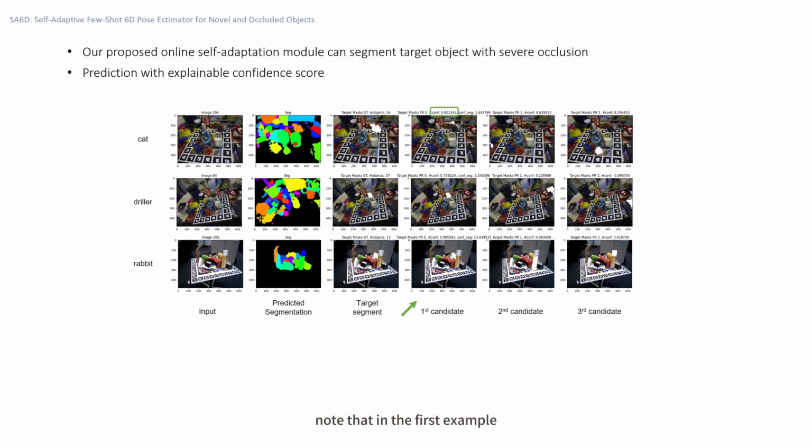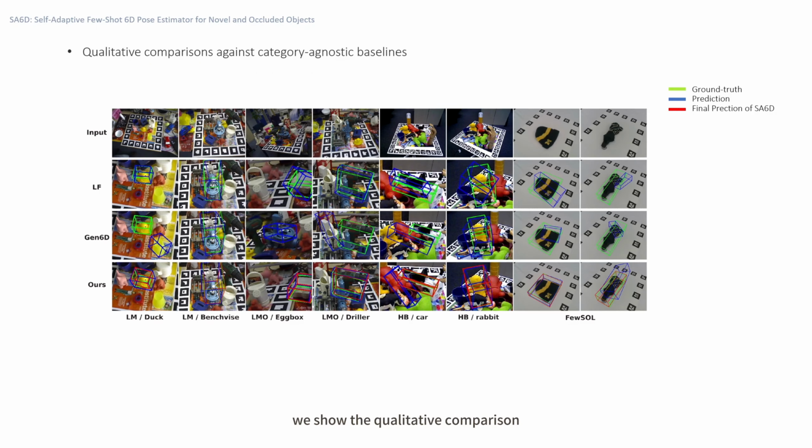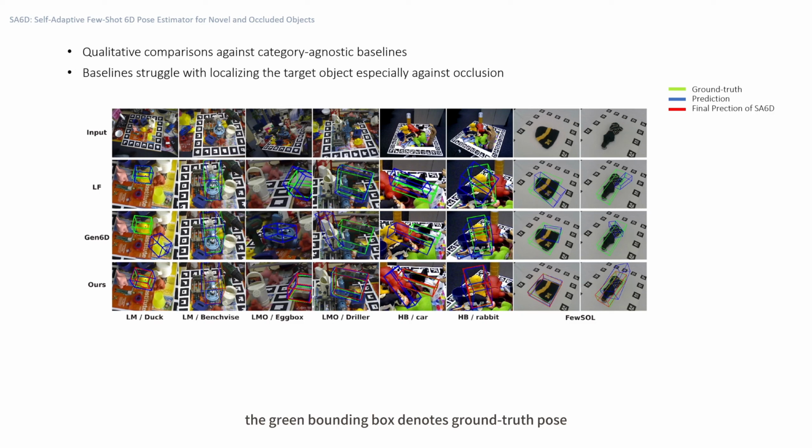Note that in the first example, since the object center of the cat is occluded by the driller, the ground truth segmentation is selected on the wrong object, while the prediction can still find and identify the right segment of the cat with the highest score. We show the qualitative comparison against category-agnostic baselines. The green bounding box denotes the ground truth pose.